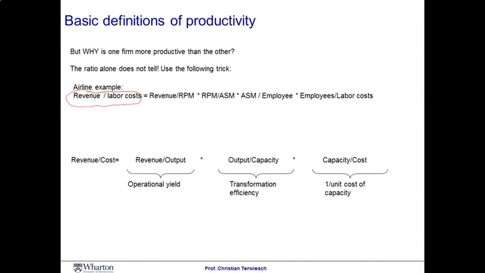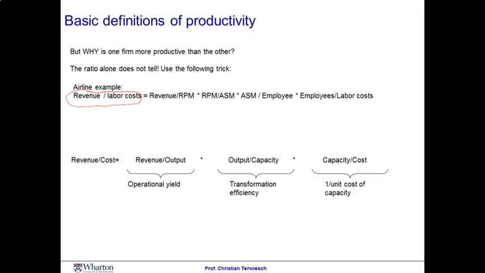Now you might be scratching your head here a little bit, but at least you will hopefully agree with me that mathematically this equation is true. After all, this term cancels against this term, this term cancels against this term, and we are back to the initial expression.